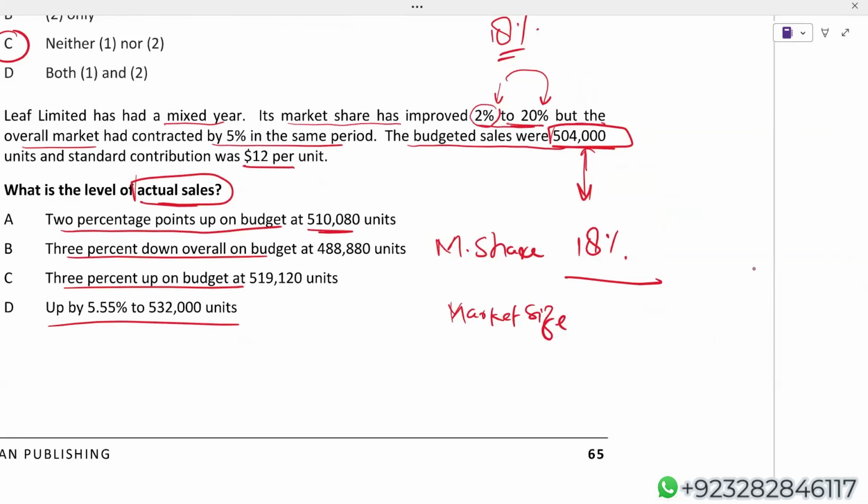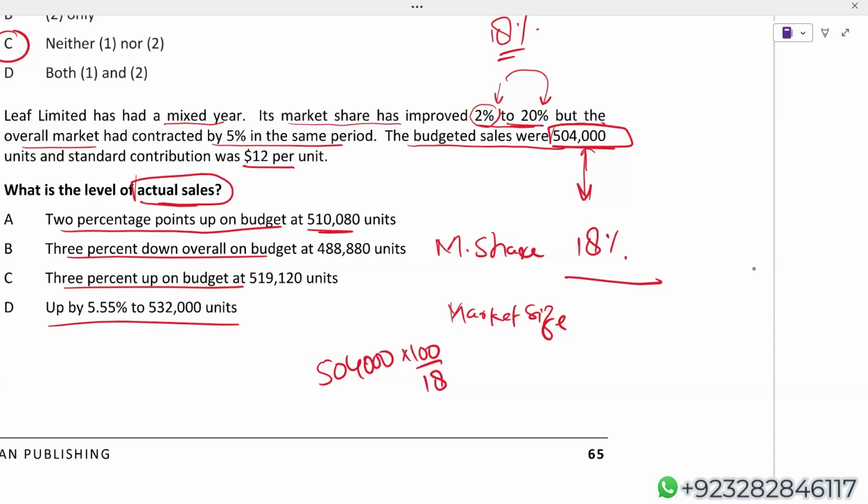All you need is just to gross up this 5,04,000 units to 100%, 100 upon 18. Of course, market size is 100%.